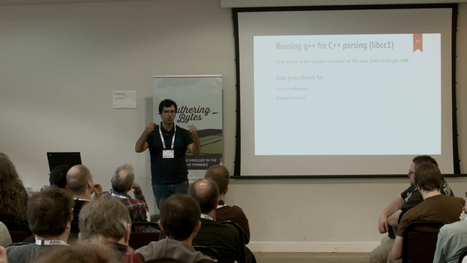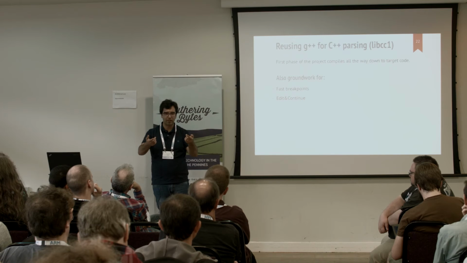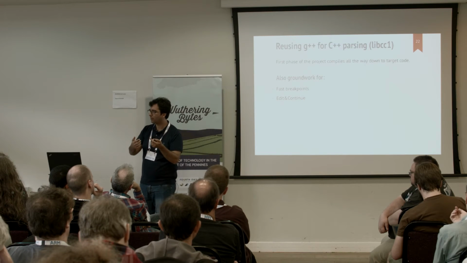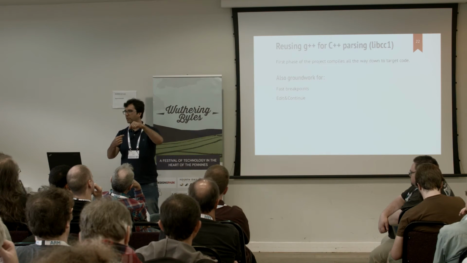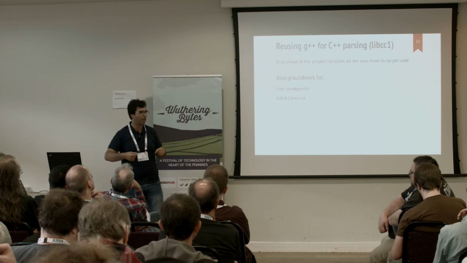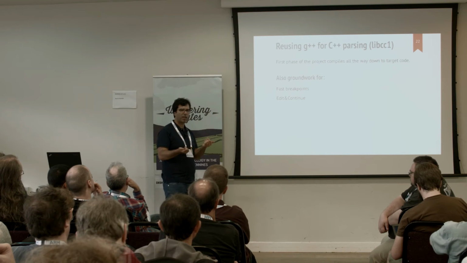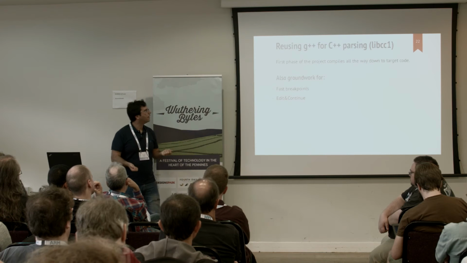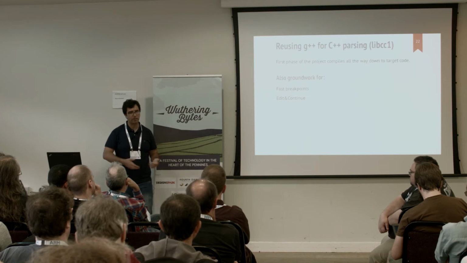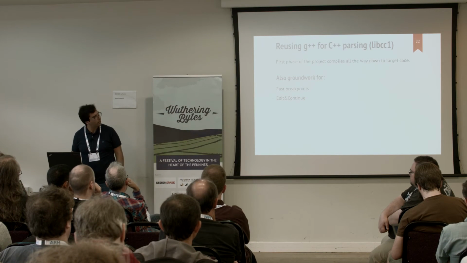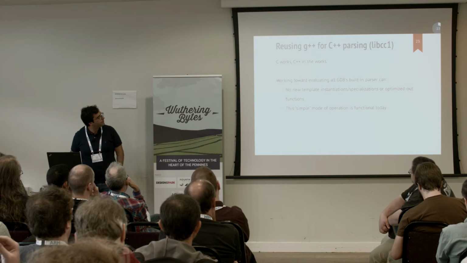And you don't have to stop the program and relaunch the debug session. You just continue, and the next time the function is invoked, it will be running the new code, kind of like hot patching, right? Again, this requires being able to compile expressions down to target code.